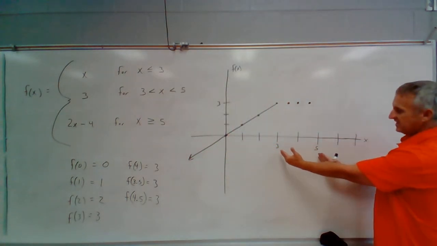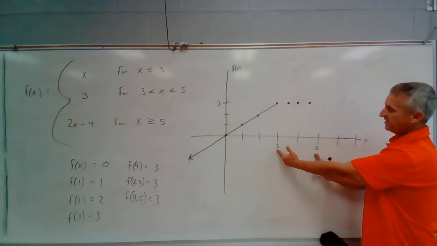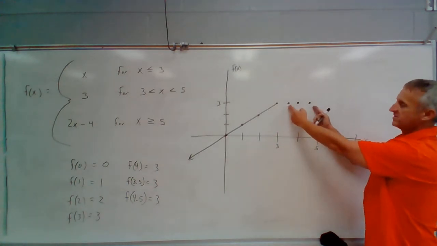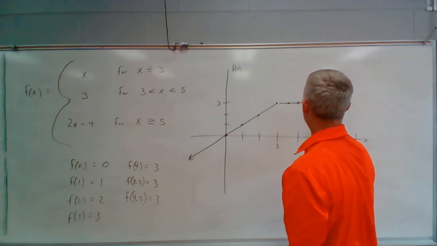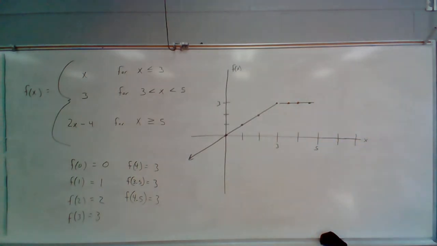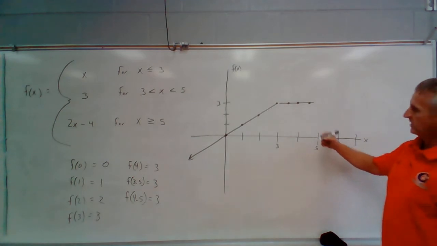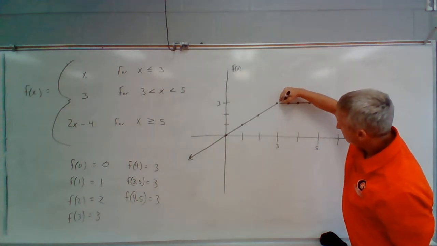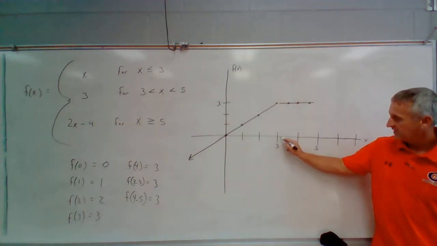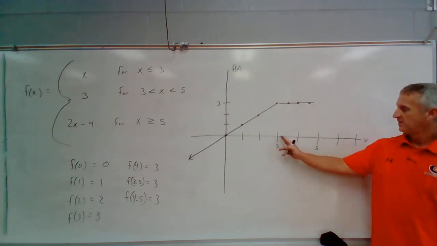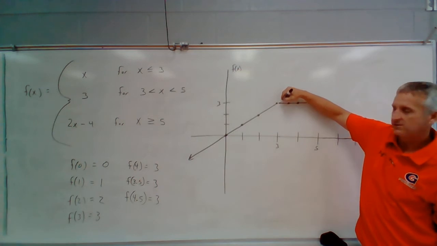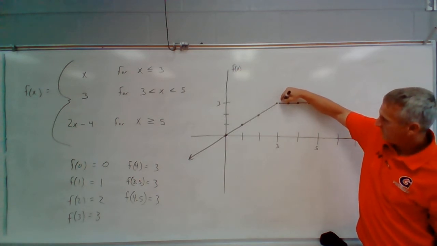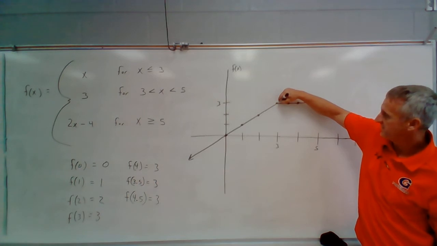In fact, any number that I plug in between 3 and 5 will always give me 3. So I'm going to get a straight horizontal line across there. If I plugged in 3.01, a tiny number really close to 3, I would still get 3. So as far in here as I want to go, I'm always getting closer and closer to 3.